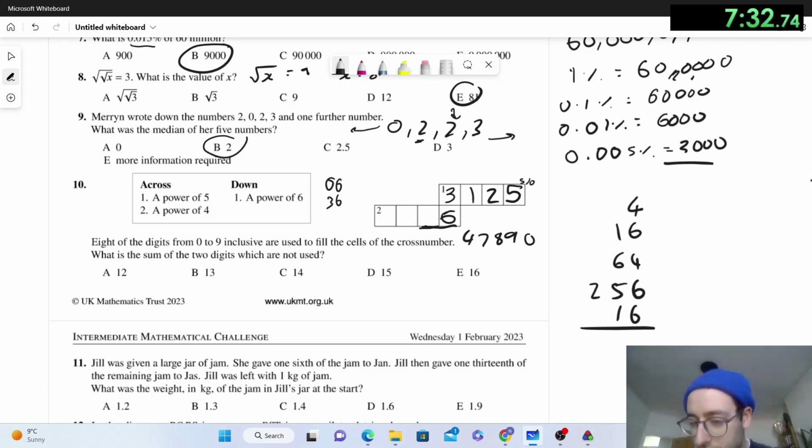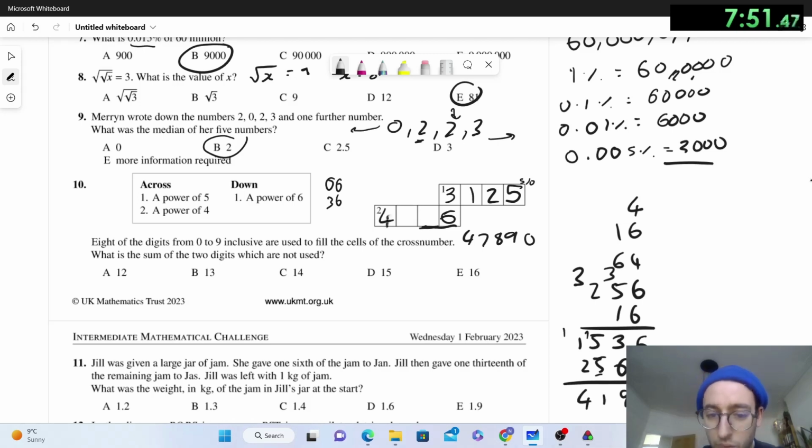So when you times by 16, it's going to end back in a 6. So 6 times 6 is 36. 6 times 3 is 30, 33. 6 times 2 is 12, add 2 is 15. 0, 6, 5, 2, 6, 9, 1. Is that 5? Yeah. 1, 1, 4, 1, 9, 6. 4, 1, 9. No!